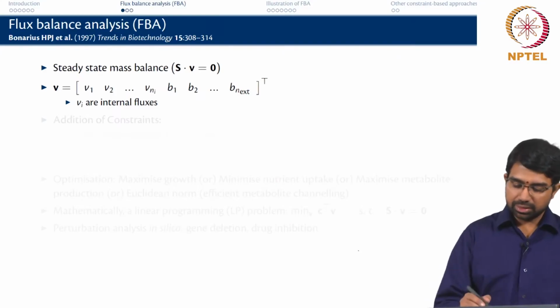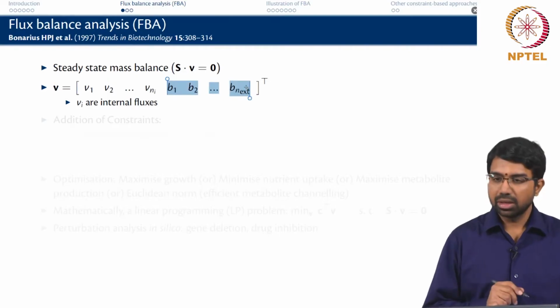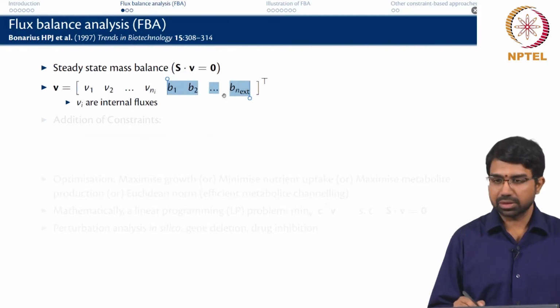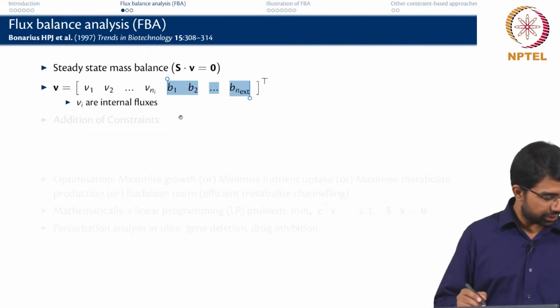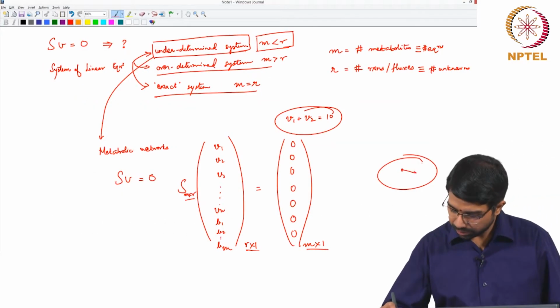So, we basically discriminate between the internal fluxes and the external fluxes. External fluxes involve exchange with the outer environment. So, you will typically have a cell like this, all these are internal fluxes.